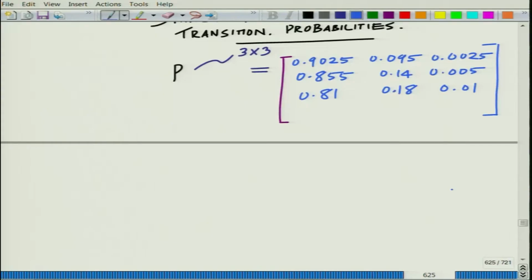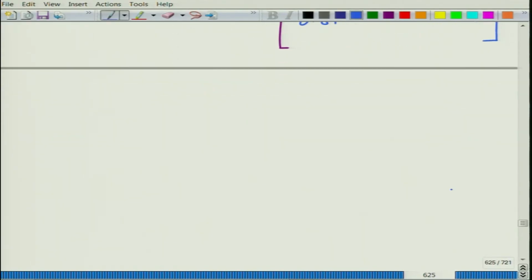Let us look at another example. The TTMCs have a large number of applications such as inventory management, as I have already told you. Let us look at a simple example. Remember, we also talked about stock price prediction.